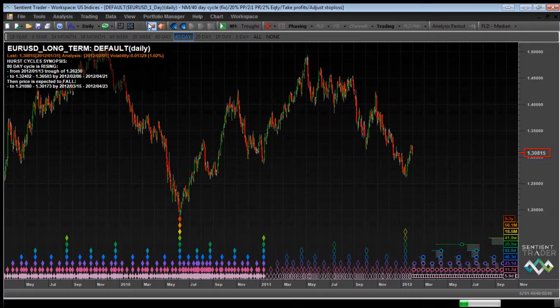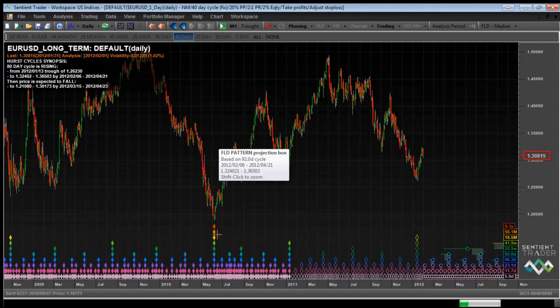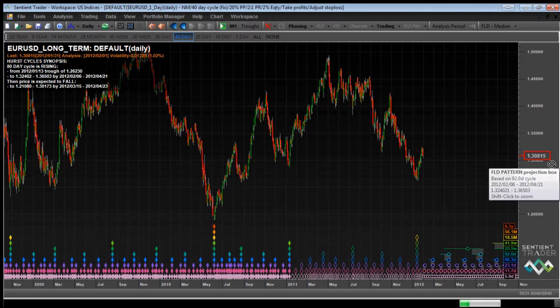But let's compare this period to the euro to the US dollar, and so we go to the euro to the US dollar, and let's have a look at roughly the same sort of time span.